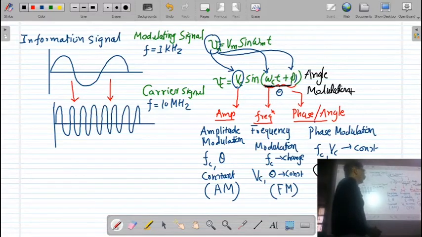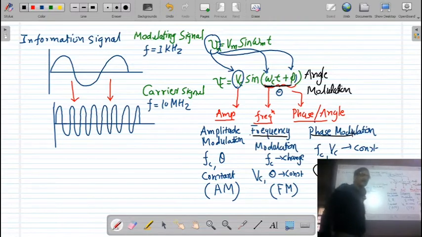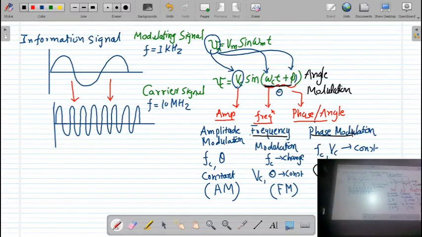You can say frequency modulation as well as phase modulation are part of the angle modulation.